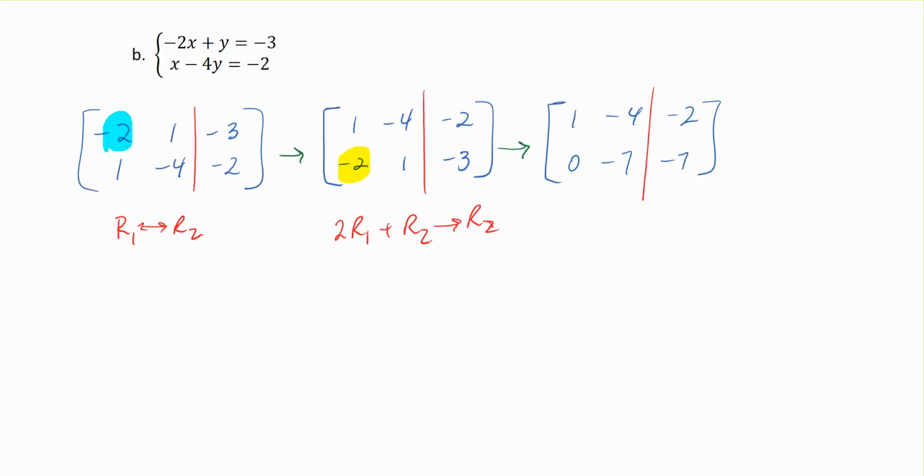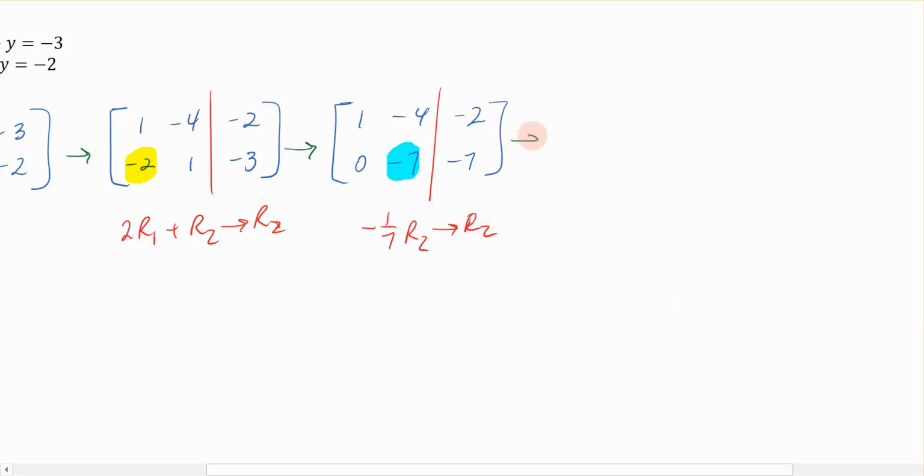The next number we want to look at is this one right here. I need this to be a 1. Anytime I want to turn something into a 1, I'm typically going to be multiplying by the reciprocal. So the reciprocal of -7 would be -1/7. So I'm going to multiply row 2 by -1/7 to give me my new row 2.